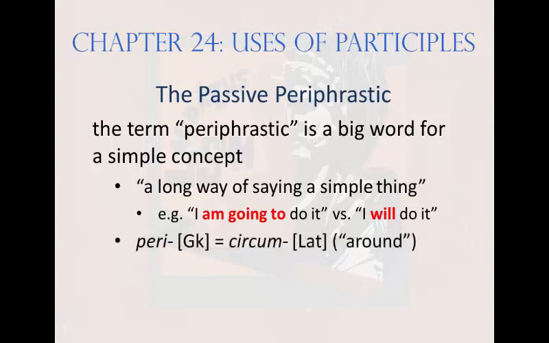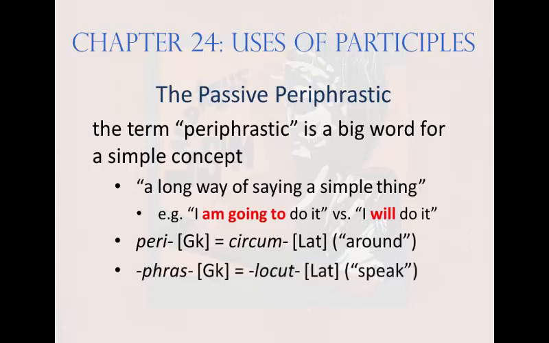The word comes from Greek, where peri means around. Latin uses circum to say the same, and phrase means speak. In Latin, that's locute, from a verb we haven't studied yet, but will. So, periphrasis is the Greek equivalent of our Latin-based word circumlocution. Do you know what circumlocution means? If not, learn it now.